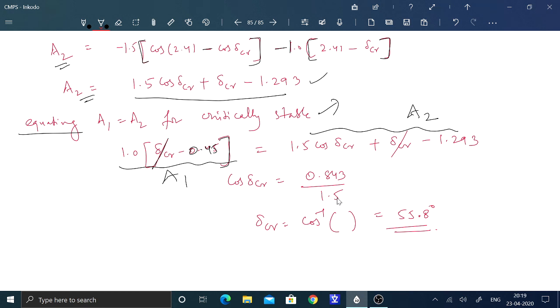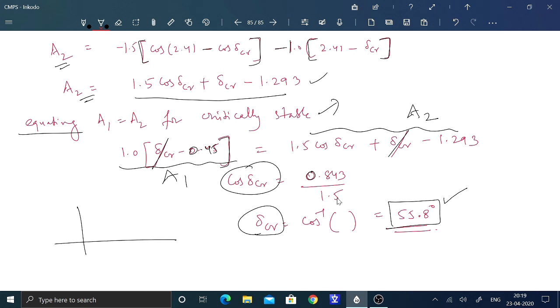We can cancel delta CR on both sides, and now we can calculate cos delta CR equal to 0.843 divided by 1.5, from which we get delta CR equal to 55.8 degrees. So this critical clearing angle is 55.8 degrees.